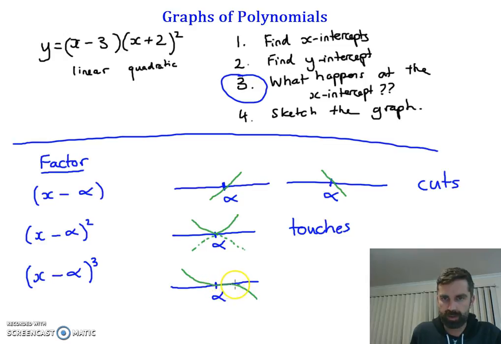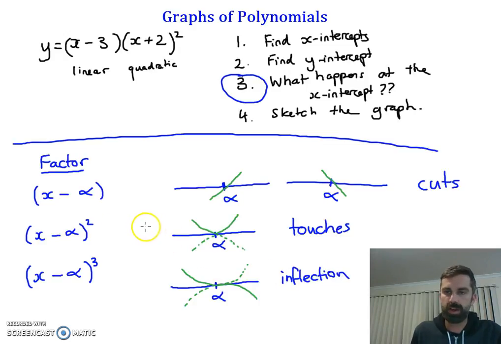This starts off horizontal and then starts to curve more towards the vertical. Alternatively, the graph could be coming up from the bottom and it would do the reverse of that. Now we actually have a word for this, we call that an inflection. You might have seen those in year 10, and it's just basically another possibility for when you have one of these factors with an x-intercept at alpha.